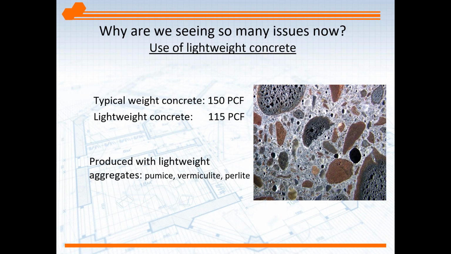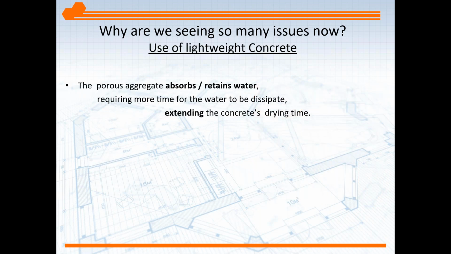And the quality of these lightweight aggregates is they tend to be porous. They're not as dense as your standard aggregate that we see here. So the downside of lightweight or porous aggregate, it retains moisture. So you're going to have a longer drying time compared to a standard aggregate.